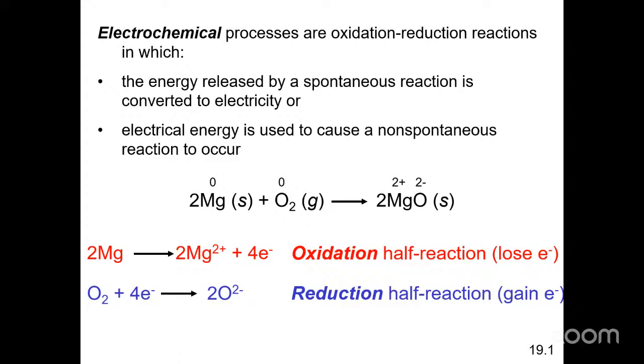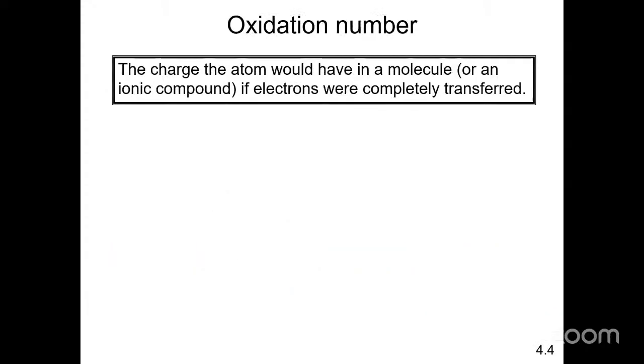And then on the other hand, the oxygen on this side has a charge of 0, but on this side has a charge of -2. So there is a decrease in the charge, which means that the oxygen is gaining electrons and therefore has undergone reduction, all right?